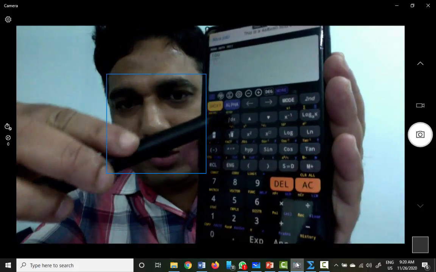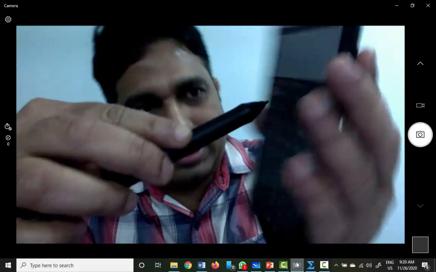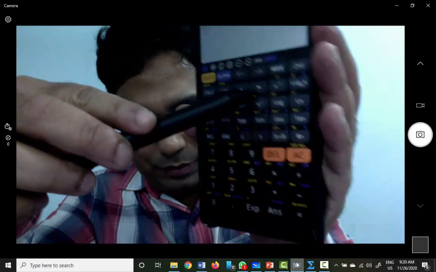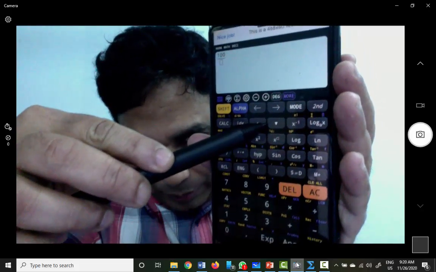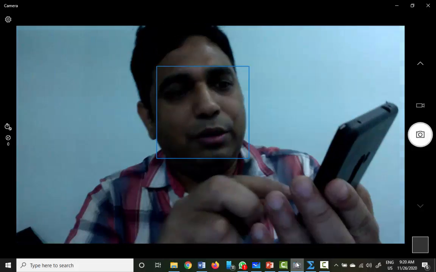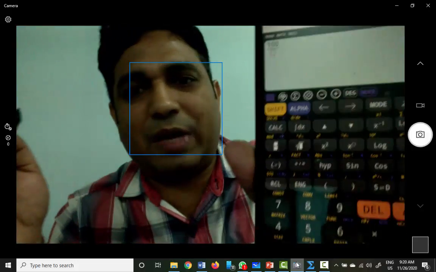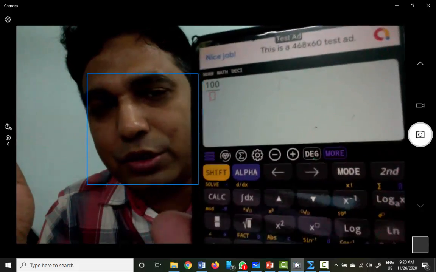So what you can do is press this button to go to the lower part of the fraction, or you can press this button as well. If I press this button, the cursor is in the lower part of the fraction.